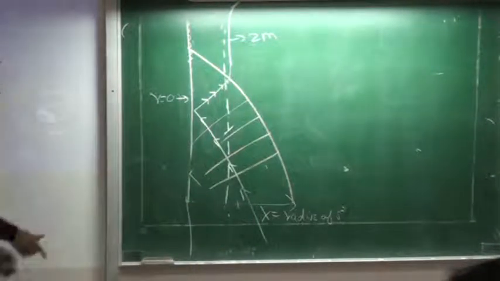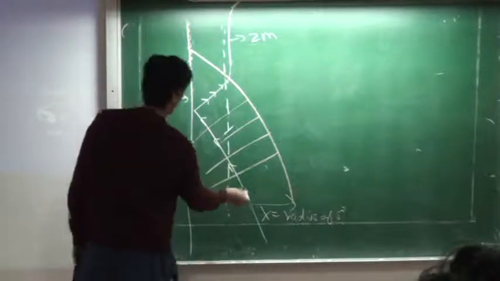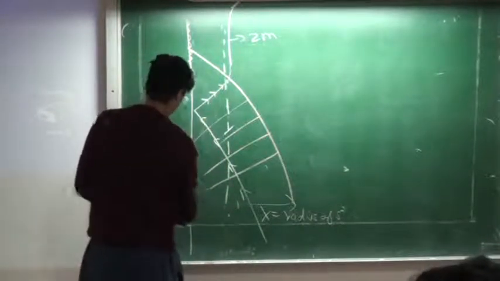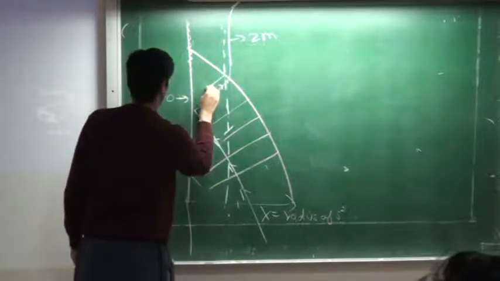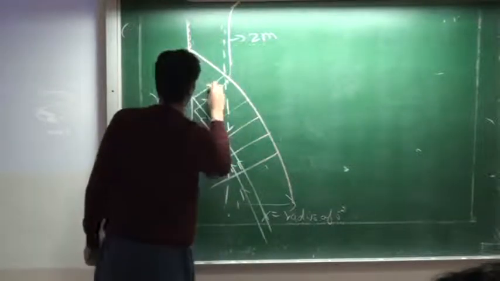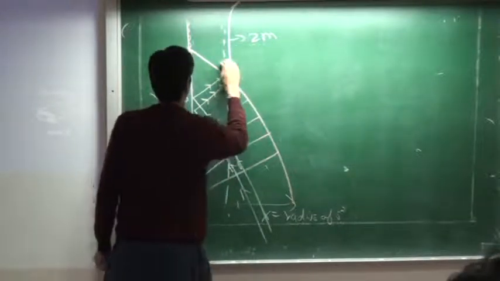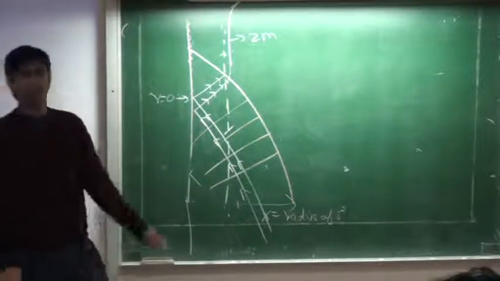There are other light rays that come much after this. So there is the green light ray, which is this one. This ray comes slightly after the white ray, behind here.